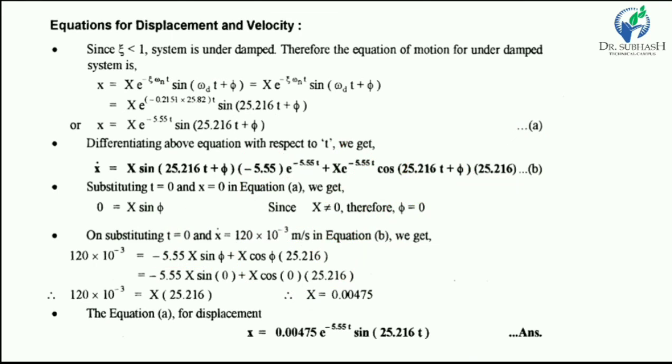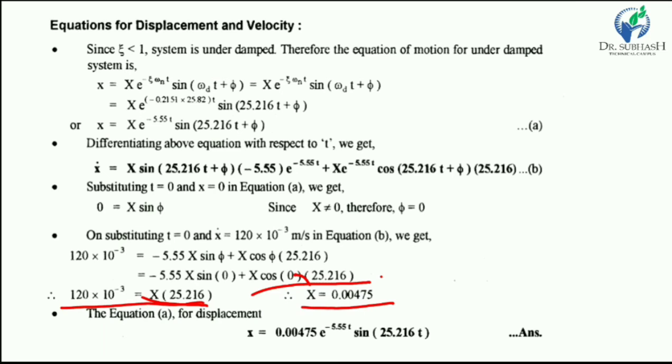Okay. Now put the value of 5. Sin 0 is 0, so this term is 0. Now cos 0 is 1, so this term remains. Okay, x into cos 0, which is 1, into x into 1 into 25.216. And now we get the value of x.